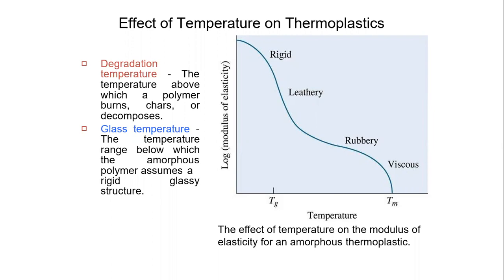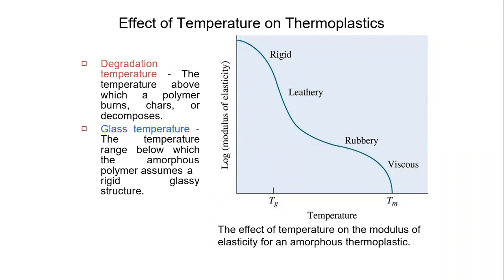You can see it in the picture also. Tg is the glass temperature and Tm is the degradation temperature. Above the degradation temperature you can see the rigid, leathery, rubbery and viscous properties of the material.